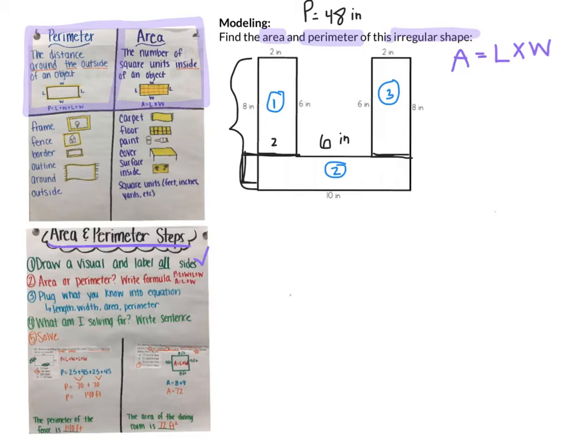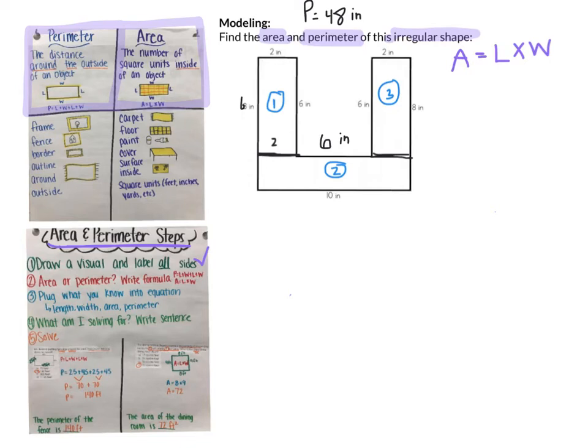We're just going to cross out 8 inches and make it 6. So for my first rectangle, our length is 6 and our width is 2.